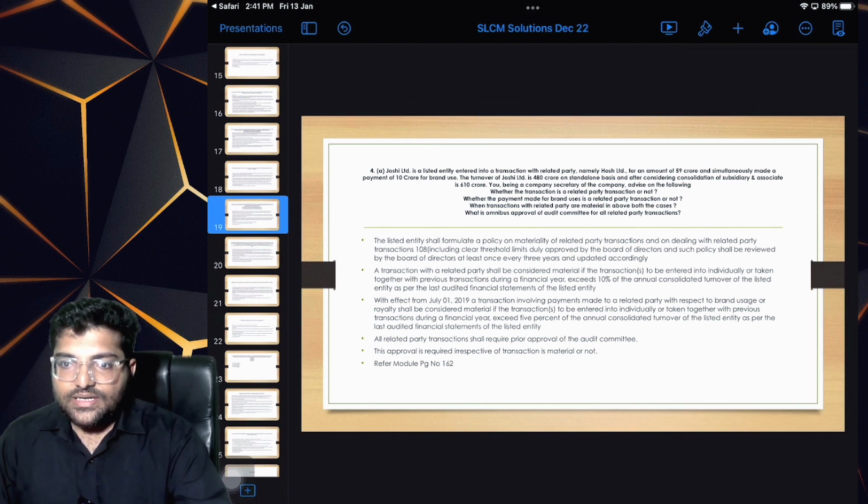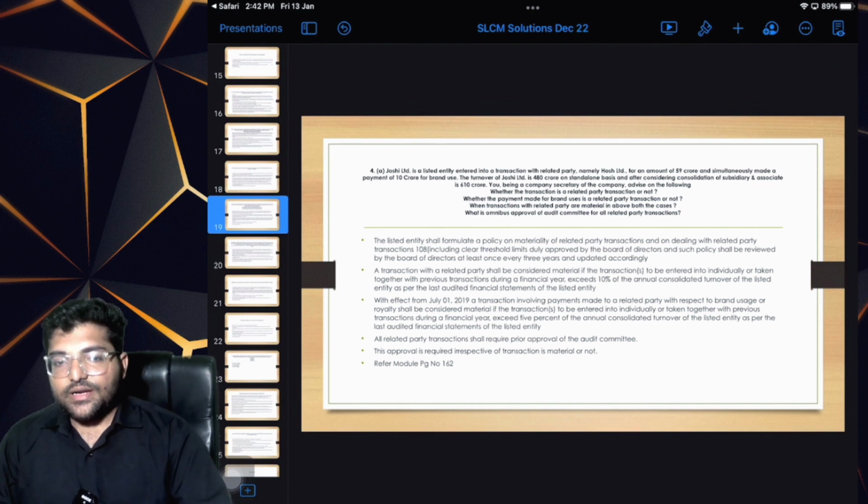You, being the company secretary of the company, advise the following: whether the transaction is a related party transaction or not, whether the payment made for the brand use is a related party transaction or not, and when the transactions with related parties are material. In both the above cases, what is the omnibus approval of the audit committee for all the related party transactions?